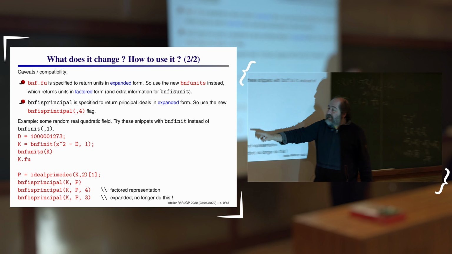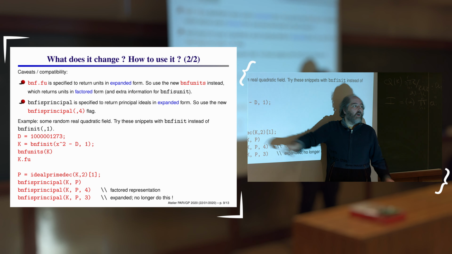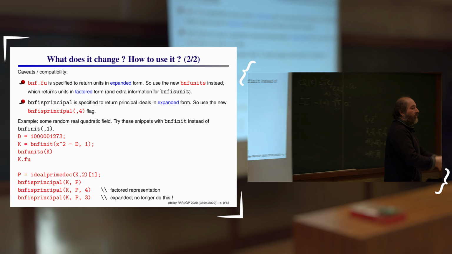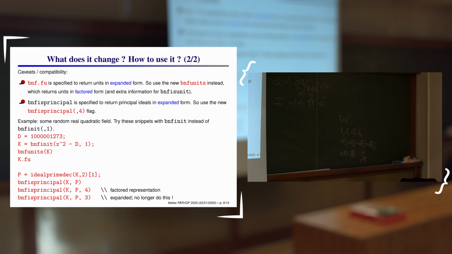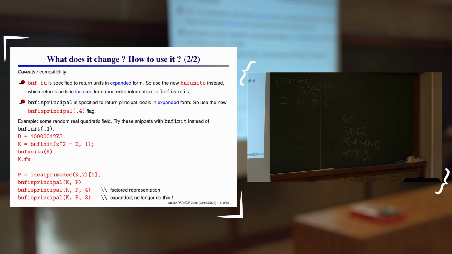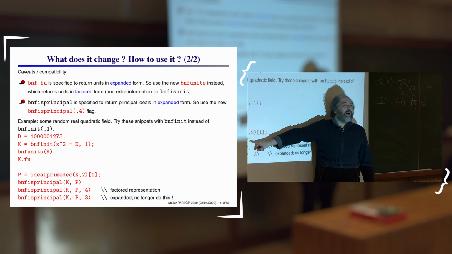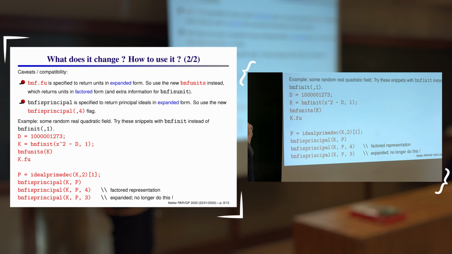And if we just ask with an existing function, is it principal? We get the answer, yes, it is principal, and a huge generator in expanded form. Oh, even worse than that. Okay. So this is the case when you try to do without factorization, without the compact representation, and it fails.